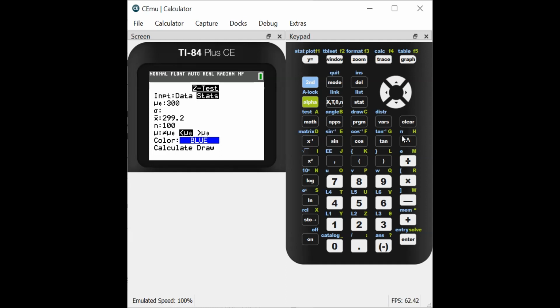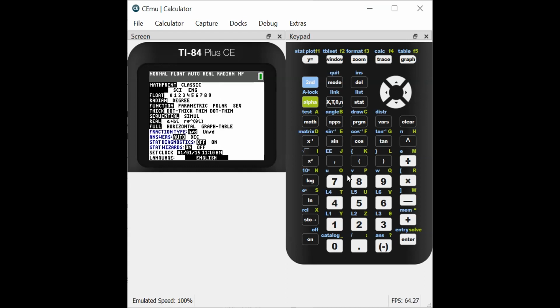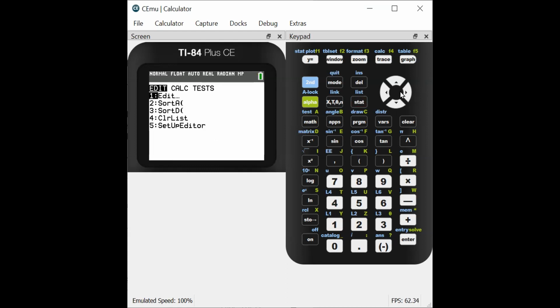So it's the square root of the fraction 1204 over 99. Sorry, let me type it again. Square root of 1204 divided by 99. Close the bracket, enter.